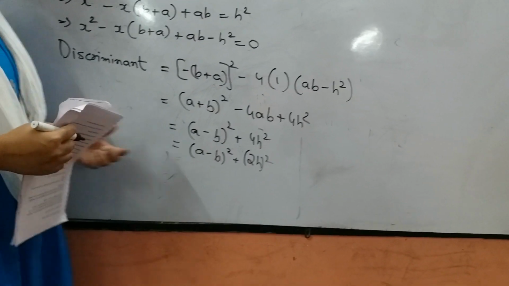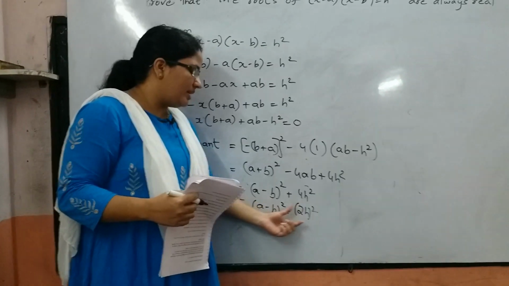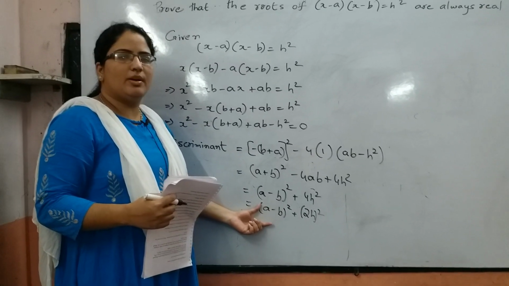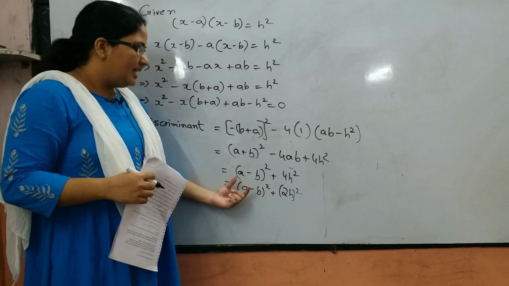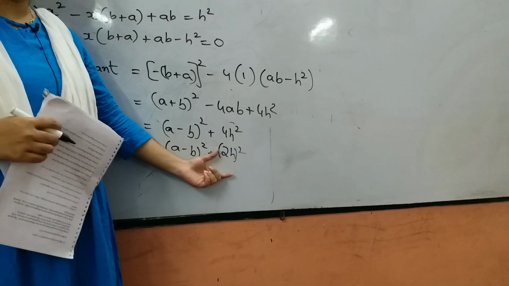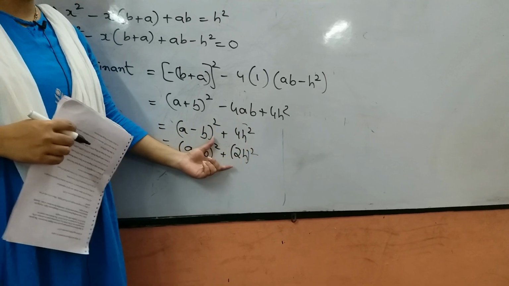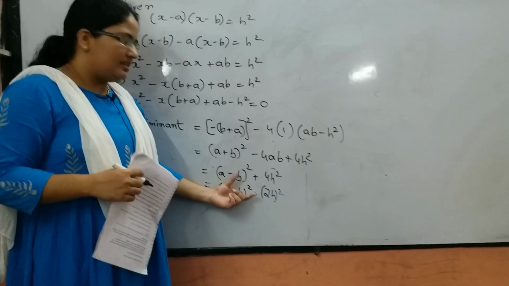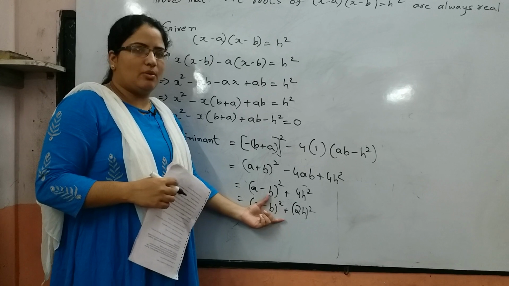Now here, since this is square and this is also square, it is always greater than or equal to 0. Here, a minus b whole, you get (a minus b) whole square plus 2h square. This is always greater than or equal to 0.